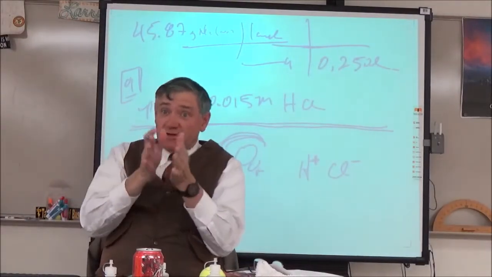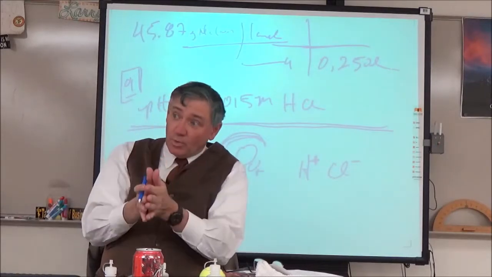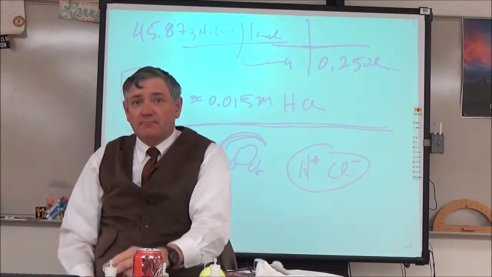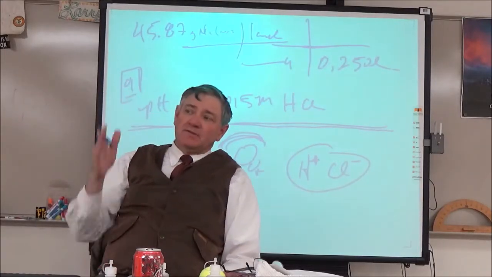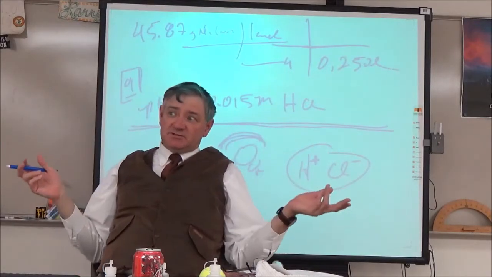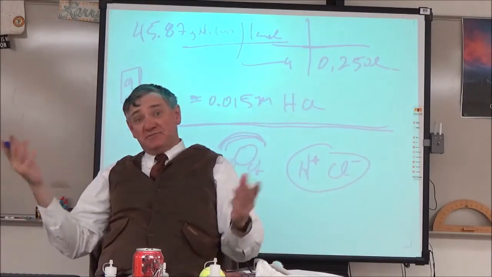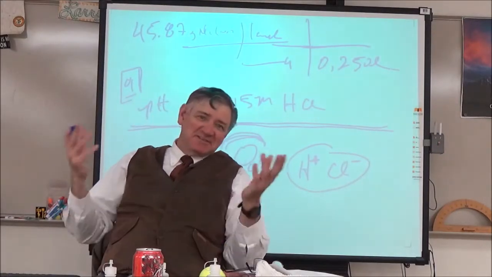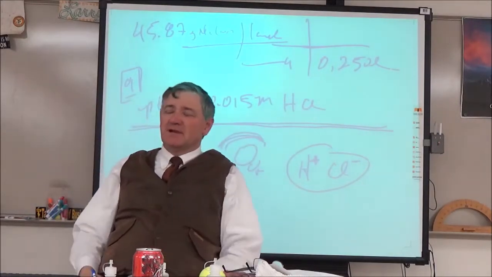Again, here's the recurring theme: this is a tug of war. The hydrochloric acid, when you put it in water, is conflicted. The hydrogen is attracted to the chlorine because they're oppositely charged. It sounds cute, they're a couple.